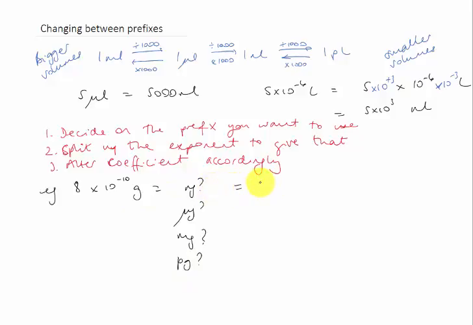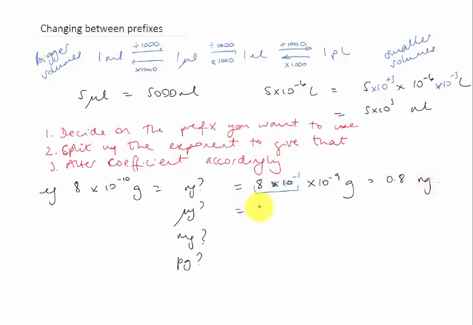So it's equal to 8, so we need to split. So if we've got 10 to the minus 10 and we want 10 to the minus 9 because that's what we need for the nano, then we also need to add a part, put that in blue, it's 10 to the minus 1 because minus 1 minus 9 gives us minus 10, and then we group these guys together, so that gives us 0.8 nanograms.